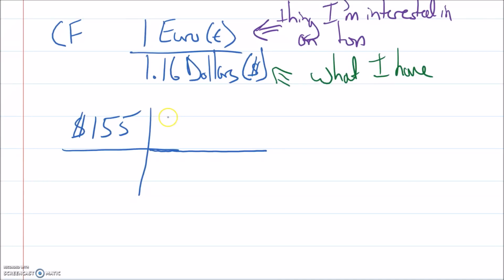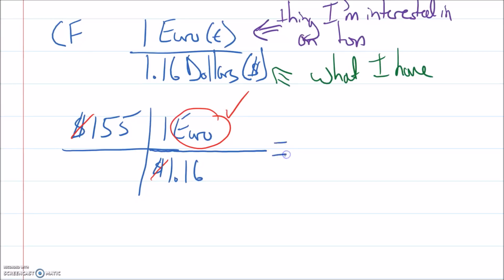So our conversion factor is €1 for every $1.16. And then we check to make sure our units cancel. So in this particular case, dollars cancel, and we're left with euros. We're interested in how many euros we have, so then that is good.